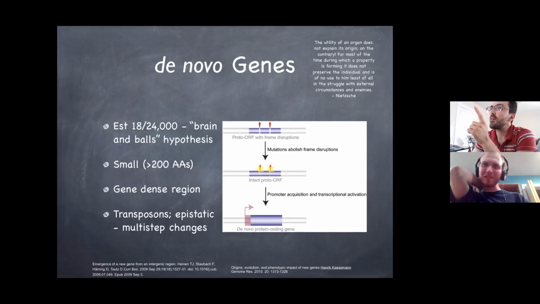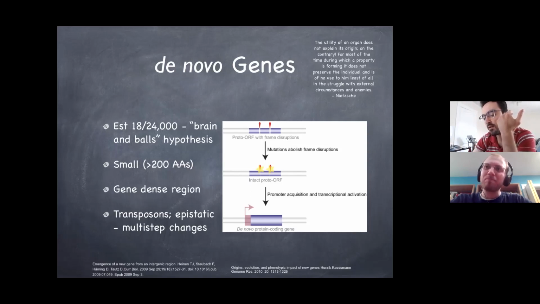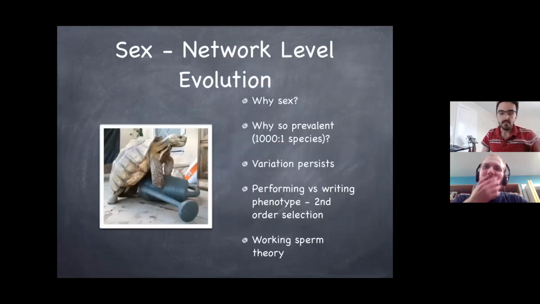On the contrary, for most of the time during which a property is forming, it does not preserve the individual and is of no use to him, least of all in the struggle with external circumstances and enemies. So this guy was already clued into the fact that natural selection is not a complete explanation for the origin of species. Yeah. It's very interesting.